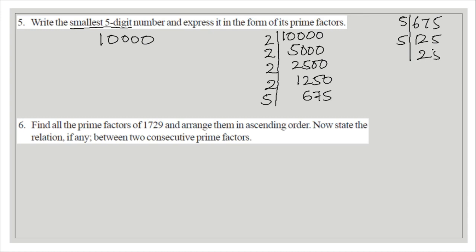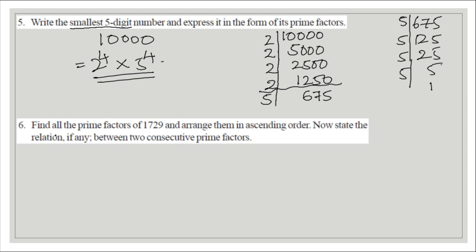Again 5, 25 times. 5 times. So till here it is 2 raised to the power 4. 2 is repeated 4 times, and 625 continuation has once again repetition of 5, 4 times. So 2 raised to the power 4 and 5 raised to the power 4 will be the prime product of the smallest 5-digit number.